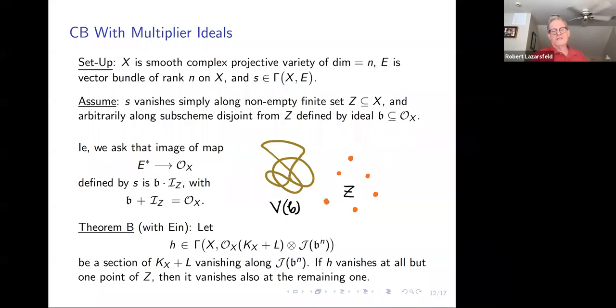Then the theorem is that, now imagine that you have a section of K_X plus L, and what you ask is that it vanish along this multiplier ideal of B to the nth power. So n, remember, is the dimension. So I have a section of K_X plus L, and it's supposed to lie locally in this multiplier ideal of B to the n. And then the claim is that if the section vanishes at all but one point of Z, then it vanishes also at the remaining one.